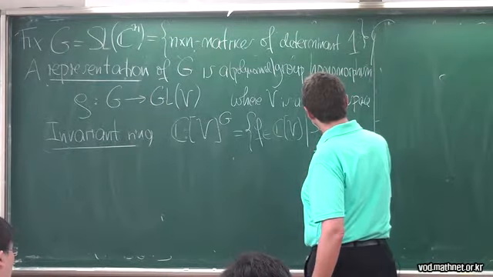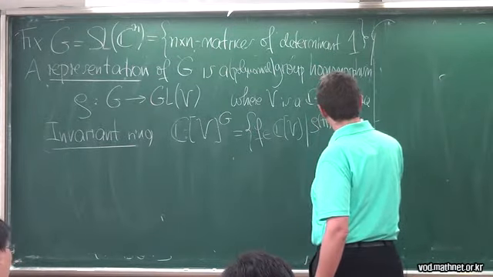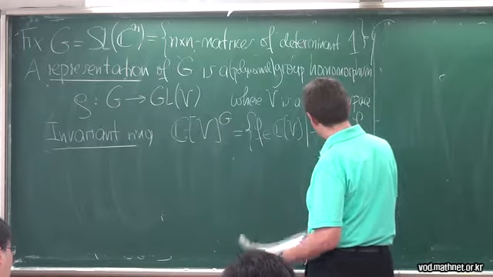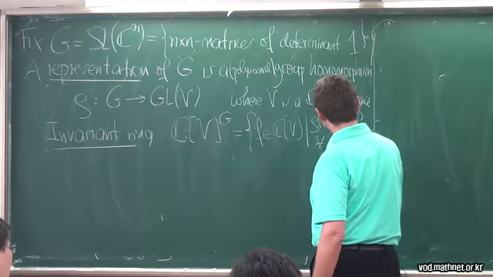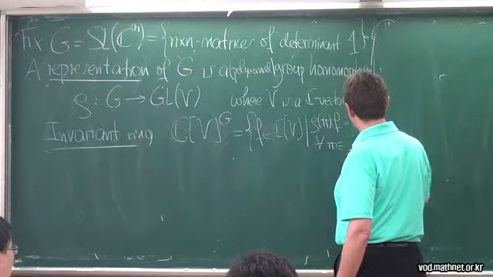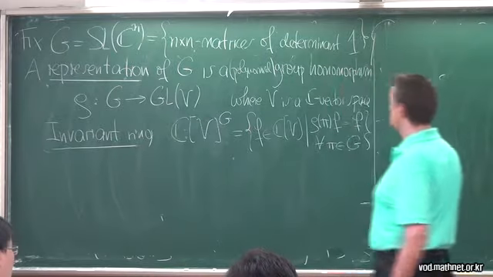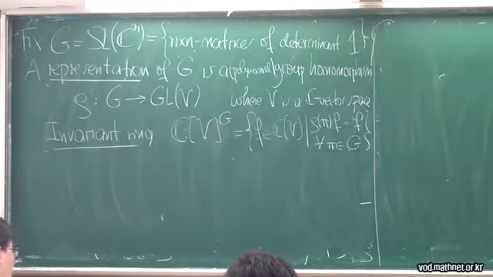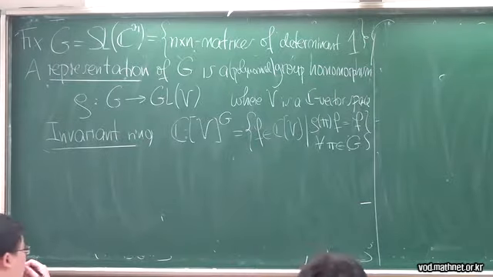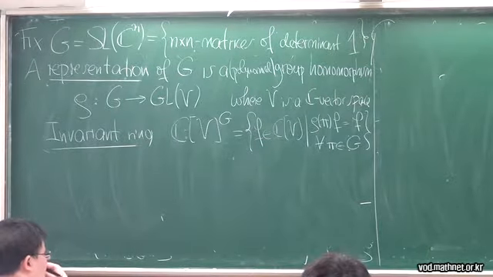So rho of pi applied to f is equal to f for all elements pi in SLN. Okay, so these are all polynomials upstairs that are left invariant by big matrices under this representation. So this is the invariant ring we're going to be interested in.